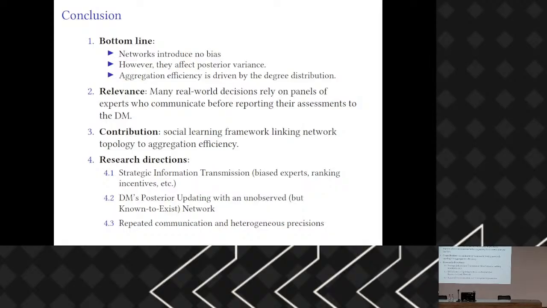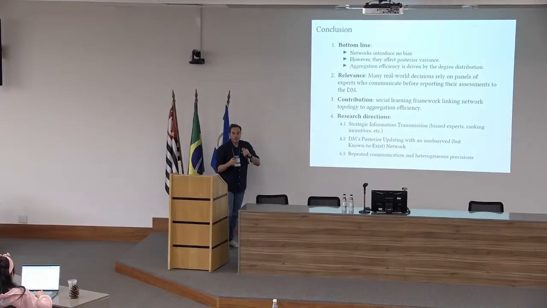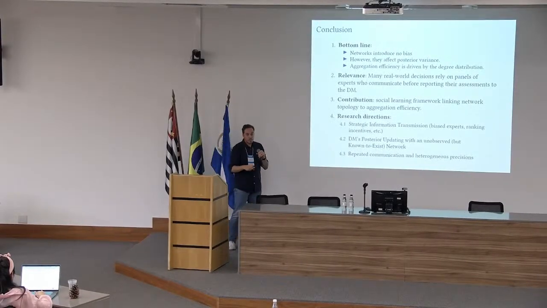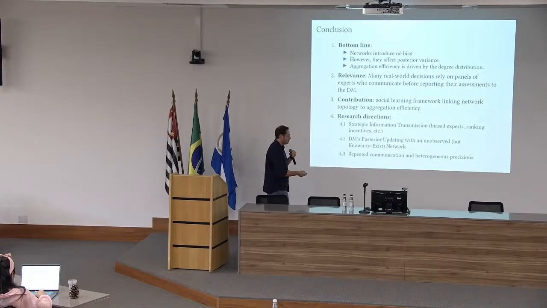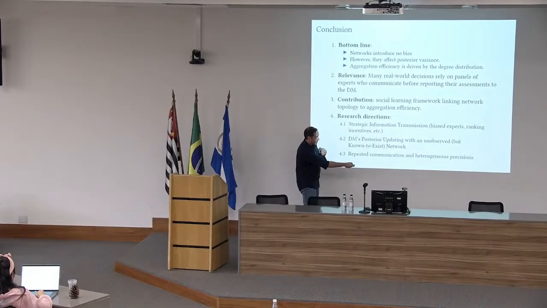And the third one is repeated communication in the DeGroot case, in which you may reach, in the spirit of Golub and Jackson, biased consensus, even with informed people, but with different variance, and heterogeneous precisions.